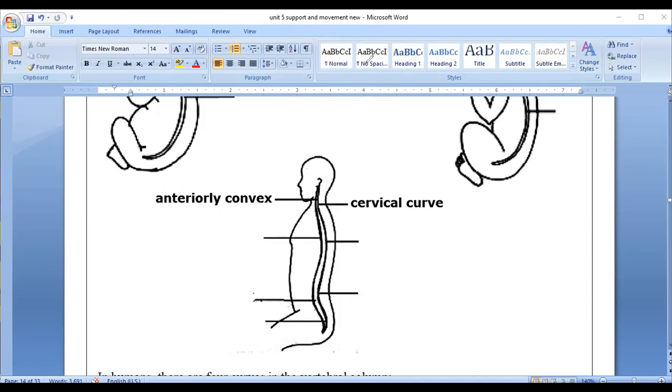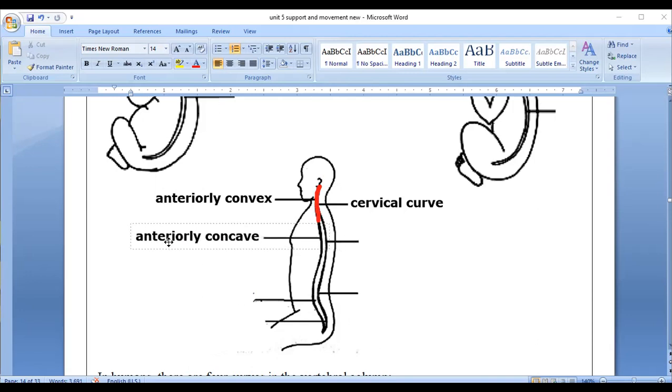So this is anteriorly convex. Okay, sir. Right. Second one, what is written here? Anteriorly concave. Whose nature is it? Primary curve.